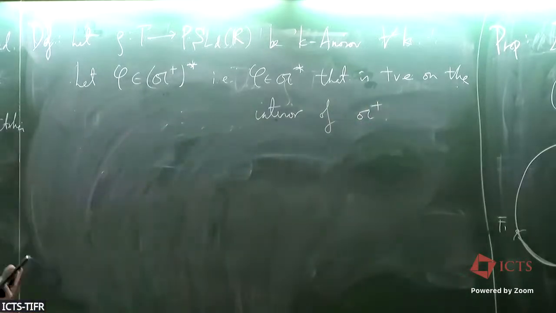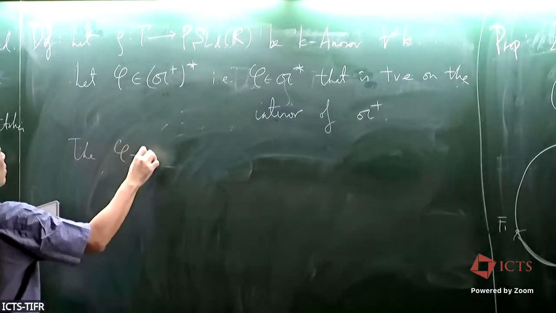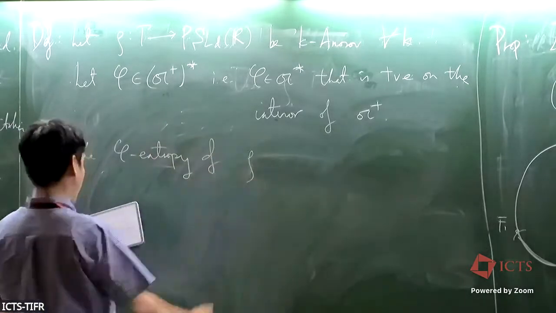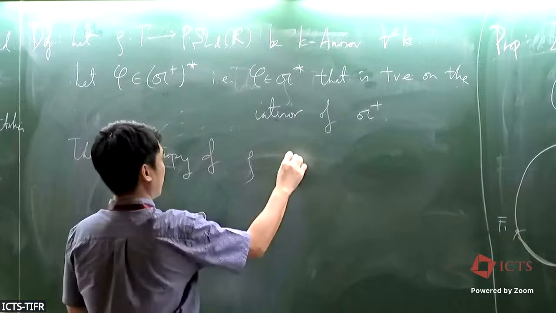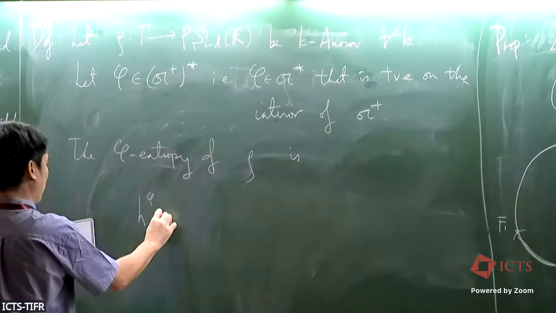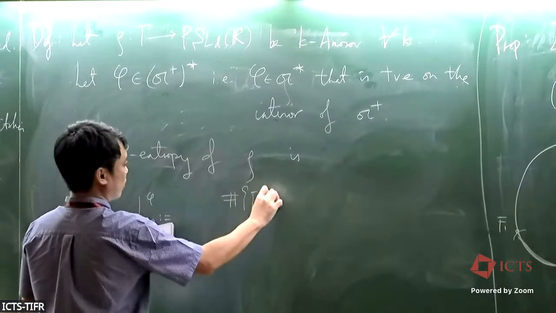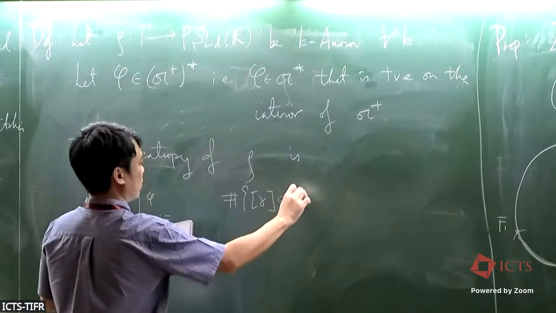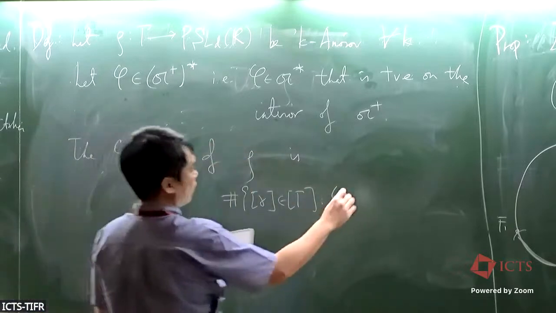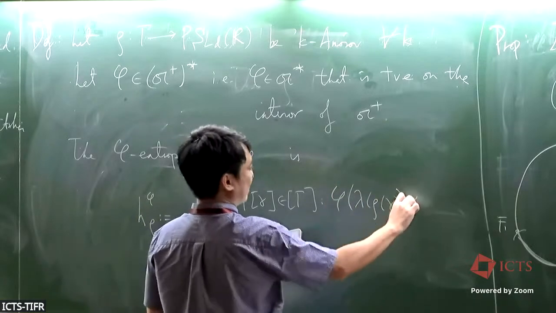Okay, then the phi entropy of rho is the following quantity. I'm going to denote it by H_phi(rho). What you do is you count the number of conjugacy classes in your group so that phi, this linear functional, evaluated on the Jordan projection of rho(gamma) is less than t.